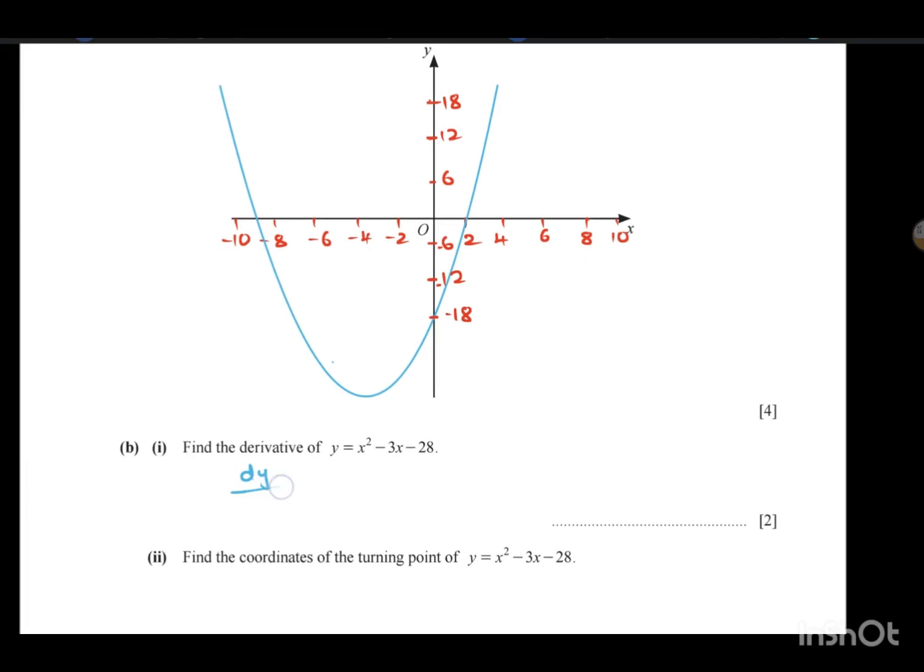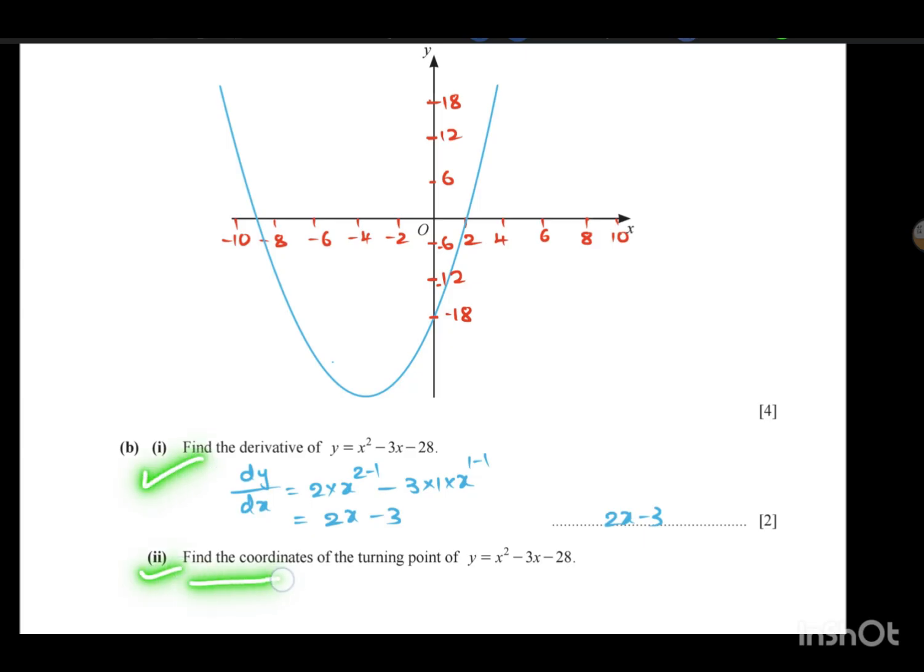Dy by dx is equal to power multiplied by x and subtract 1 from the power, and same thing, 3 multiplied by 1, the power of x here is 1, so 1 minus 1. 28 is not having any variable, so we cannot take it. So 2x minus 3 will be the derivative here. Question number 1 is done.